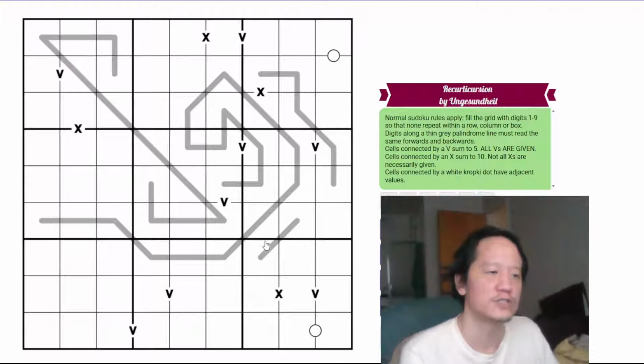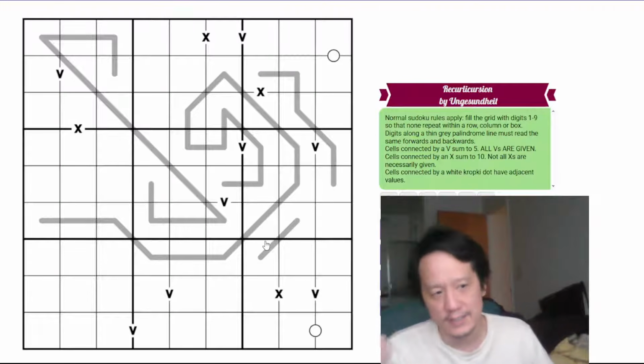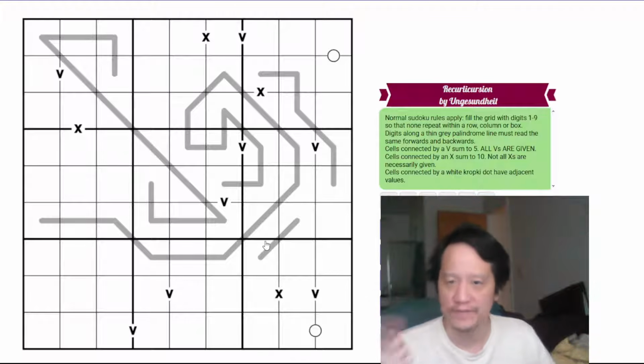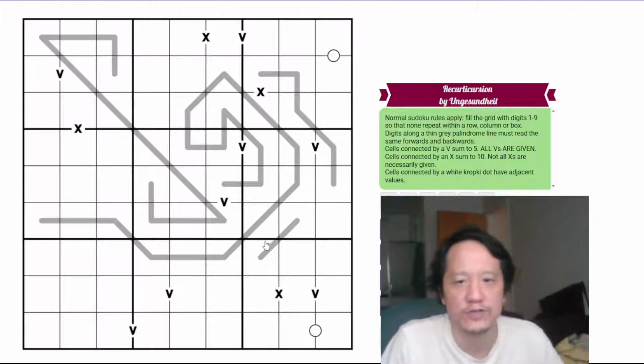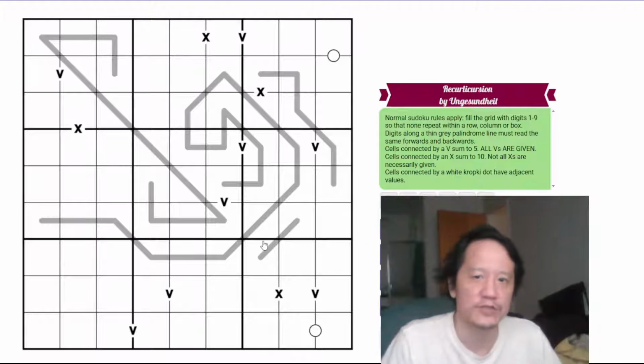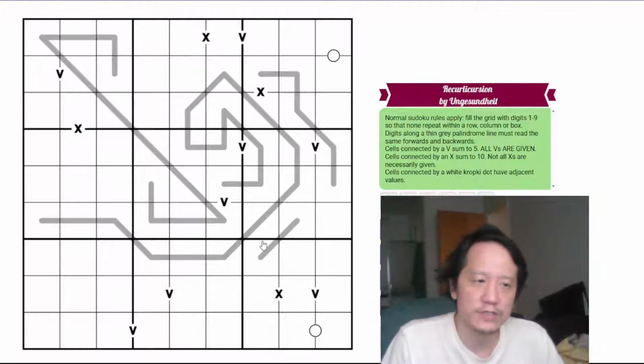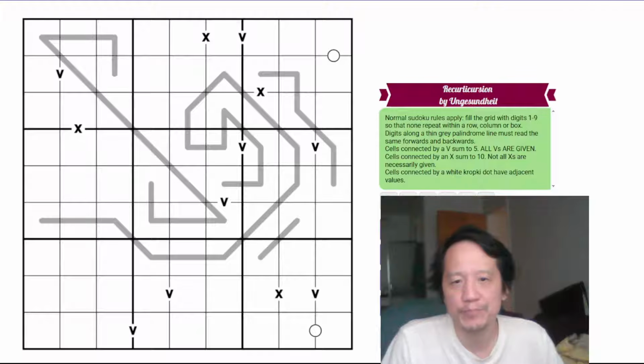And the negative constraint just means that if something isn't there, we can assume that it cannot add up to 5, right? Because the constraint is not fulfilled, because there is no V there. But for X, there is no negative constraint. That's what we usually mean when we say negative constraint in the variant Sudoku community.